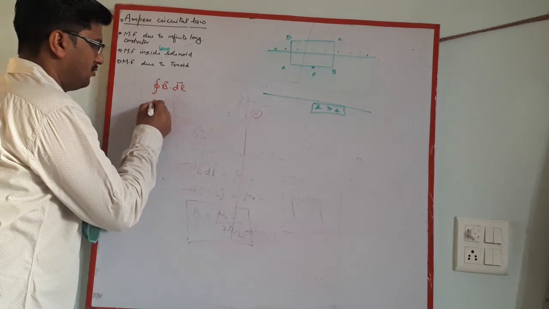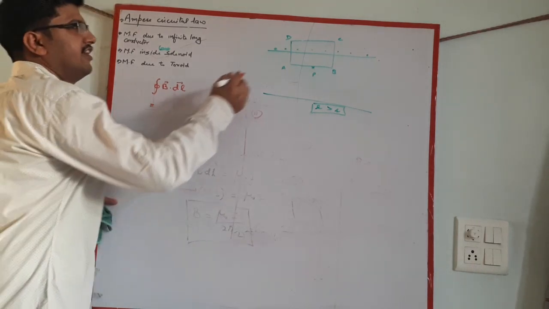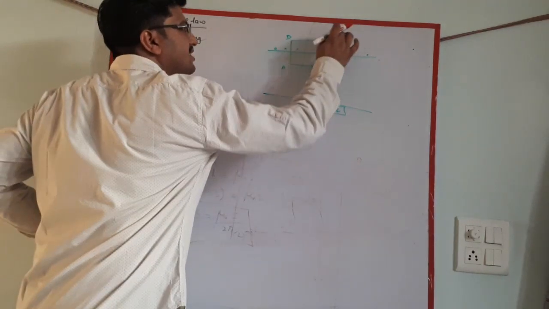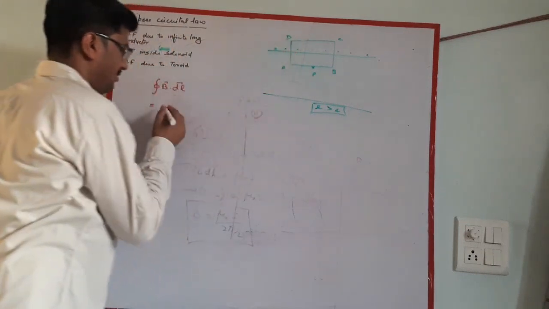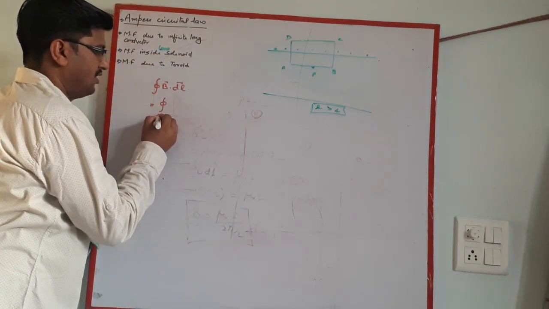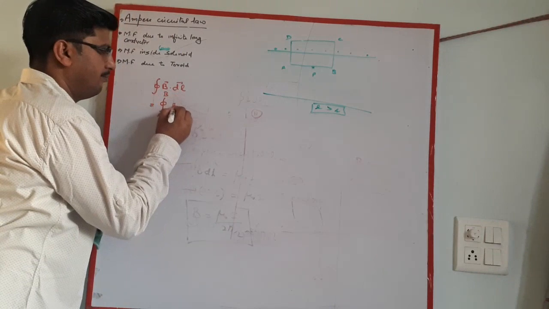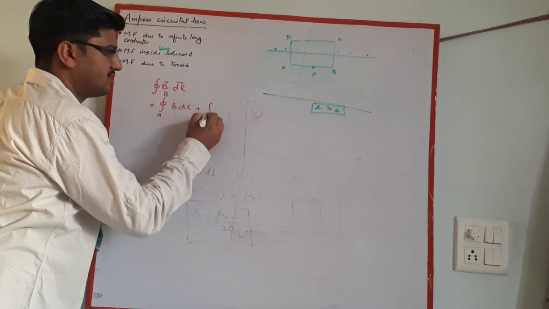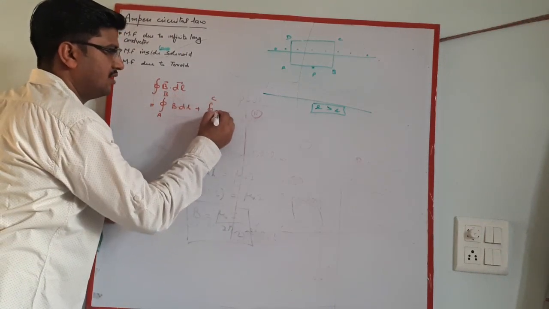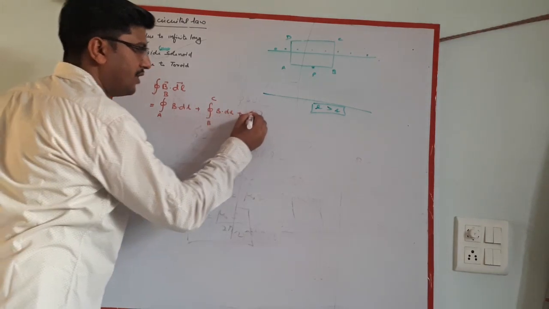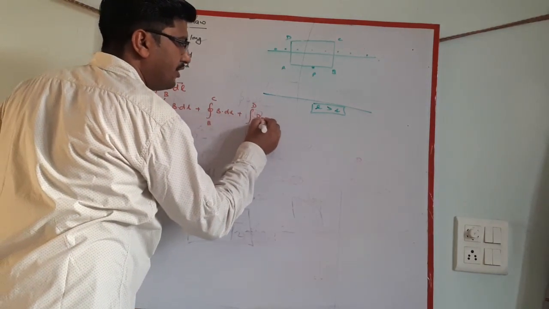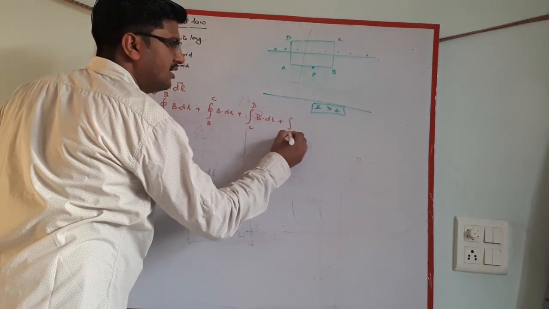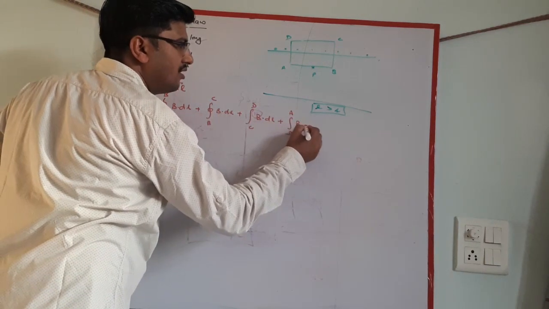Let us check it out. There are four parts: AB, BC, CD and DA. So this can be split into the integral of B dot dl over AB plus BC plus CD plus DA.